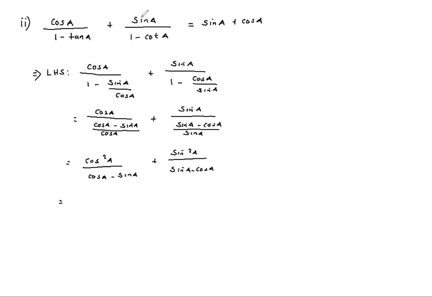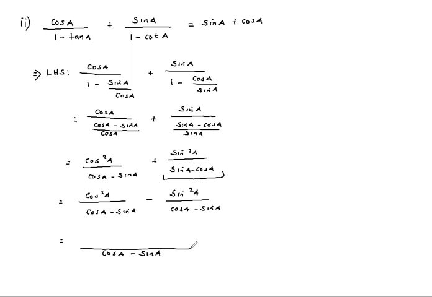From the right hand side, from this one here, we factor out the negative so that we make the denominator be the same, I mean this. So here we'll put a minus and take sine squared A over cos A minus sine A.